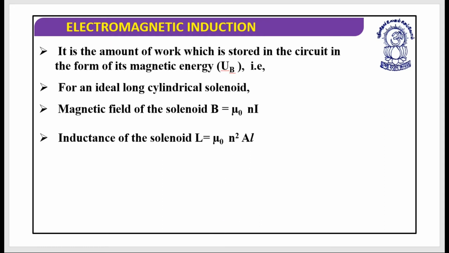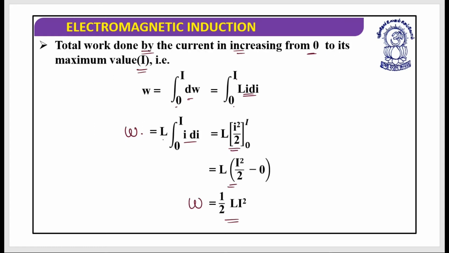So it is the amount of work which is stored in the circuit in the form of its magnetic energy. Do you remember the energy stored in the capacitor? The energy stored in the capacitor was Q square by 2C, or half C V square, or even Q into V by 2.